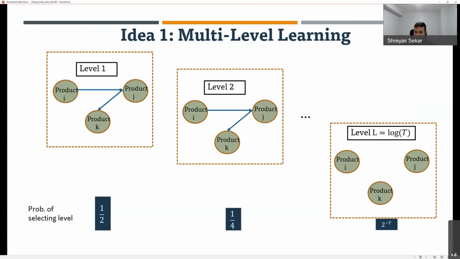Remember, an edge in this graph means that I know for sure that product J is better than product I. I'm going to call these different levels, with the idea being that the lower levels, such as level 1 and 2, are more aggressive in their decision making, and the upper levels are more conservative in their decision making.